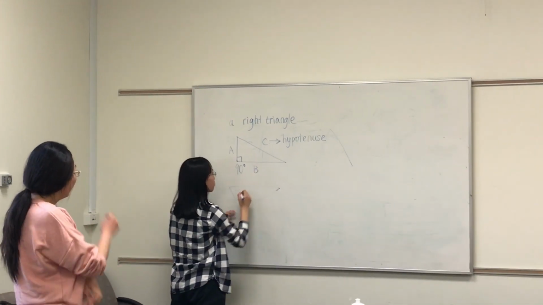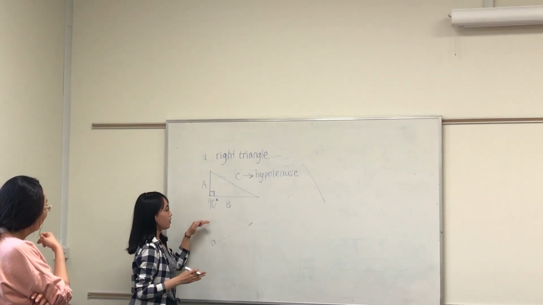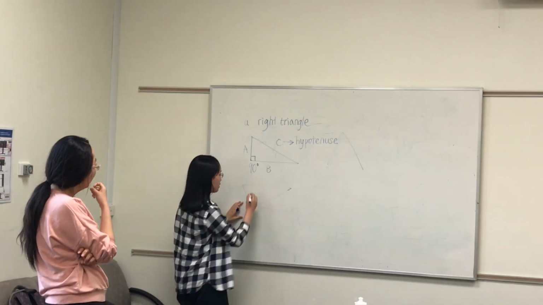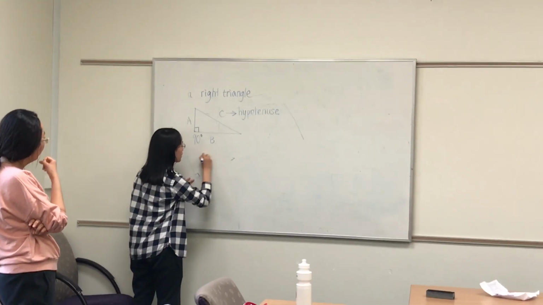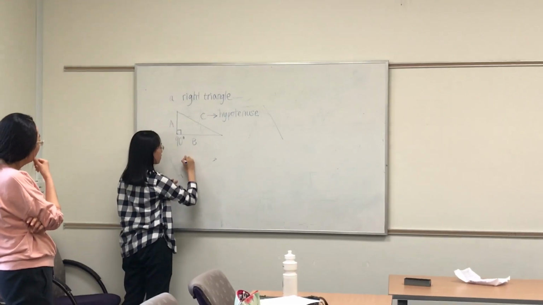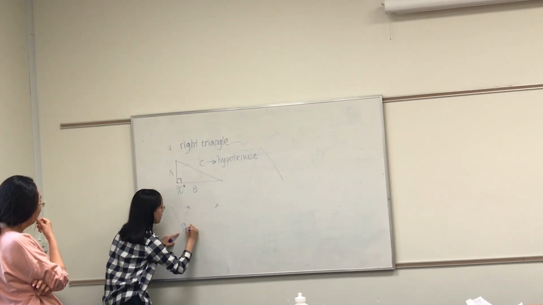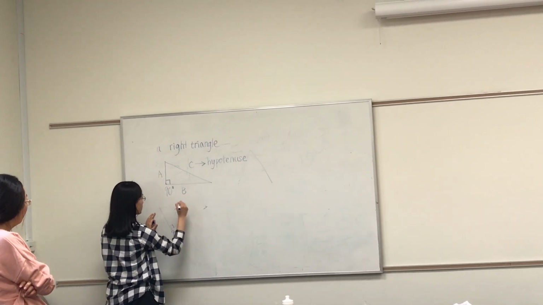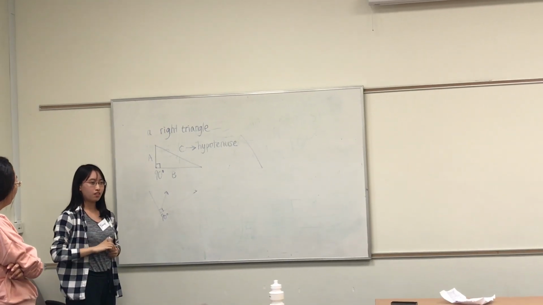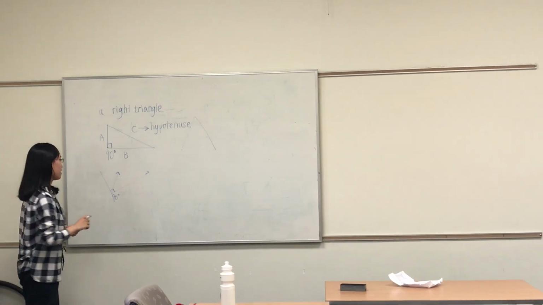So there is one way of always recognizing the longest side, which is the hypotenuse: it is always opposite of this 90-degree angle. Okay, does anyone have questions about this right triangle? No? Okay, good.